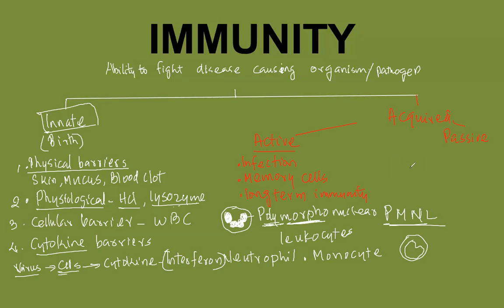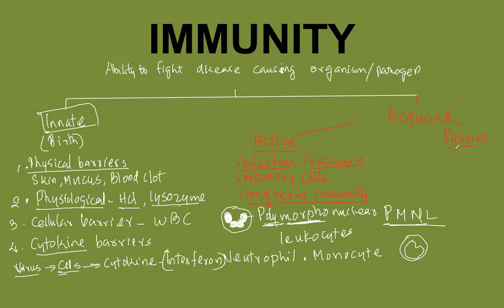Active immunity is caused by infections in the body, actual infection, natural infection. But active immunity is also caused by vaccinations. When you take vaccines, vaccines are artificial. Infections are natural. These vaccines prevent you from getting the same disease in future.